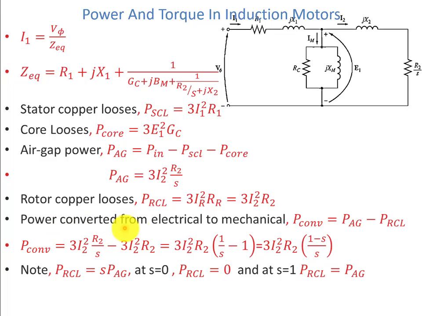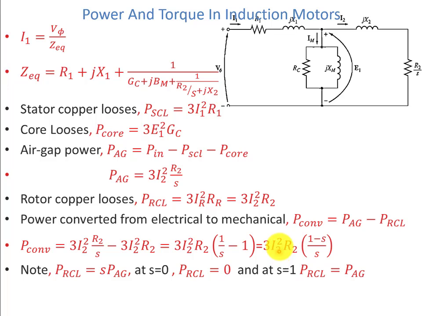Power converted from electrical to mechanical, so that P converted is equal to P air gap minus P rotor copper losses. Similarly, that's been manipulated, and we can find that 3 I2 squared R2 by S minus these rotor copper losses, and then we can redistribute these elements to find it in this form.